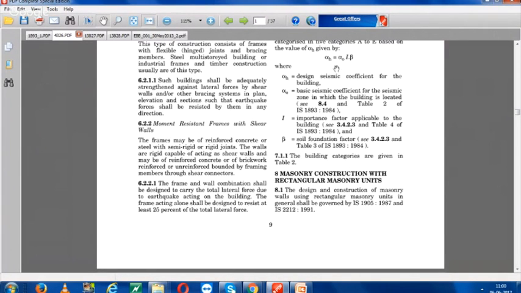Alpha H is equal to alpha 0 IB. Alpha is design seismic coefficient for the building, and alpha 0 is given in table 2 of IS 1893.